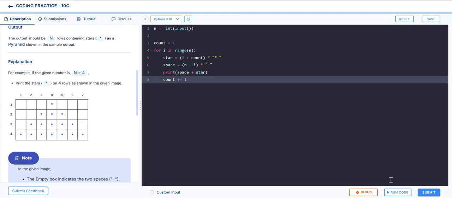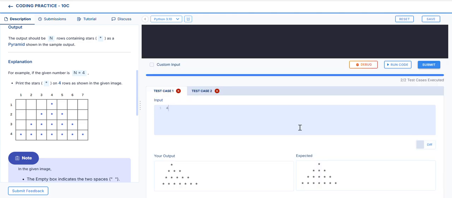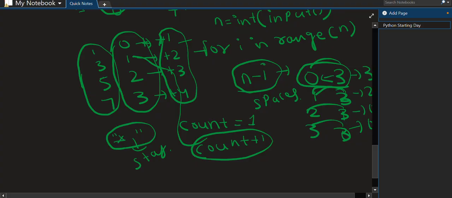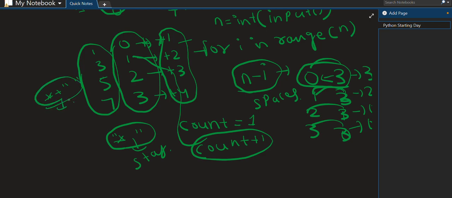Then let's run the code and check if the output is right or wrong. If you see this, space count will be less because here we are taking star plus space as 1 star.